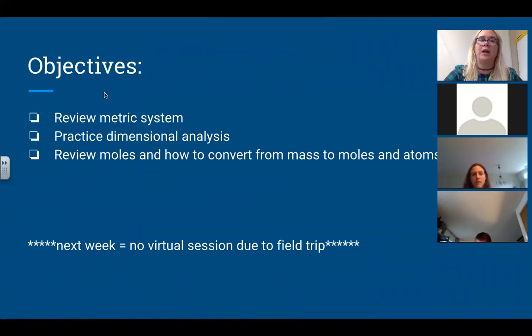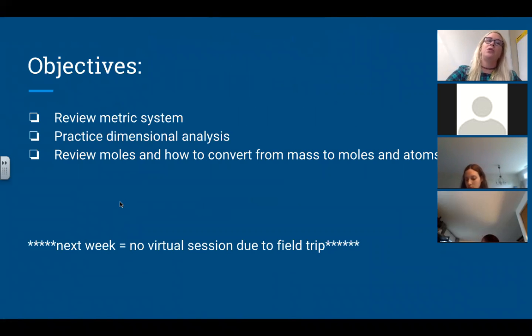So our objectives today are going to be to review the metric system, right? The metric system is used in science, and it's really easy to convert between units within the metric system, much easier than feet to inches or yards or any of those kinds of English system conversions that are always weird, annoying numbers. Metric system is based off tens. It's very easy.